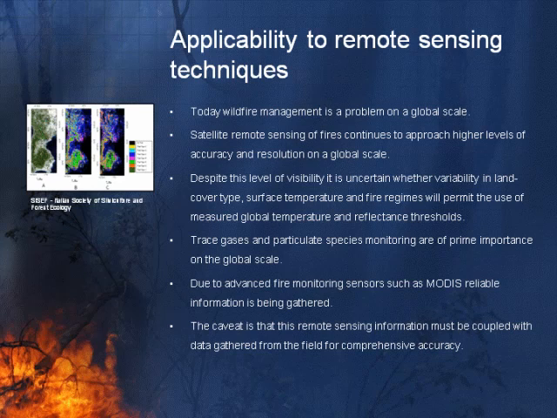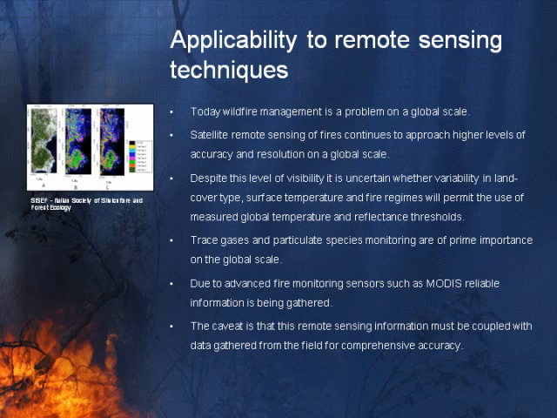Trace gases and particulate species monitoring are of prime importance on a global scale. You can get a spectrographic analysis from something like MODIS of what kind of gases you have. I mean, you can see a fire and its smoke because you can detect the amount of carbon monoxide and carbon dioxide that's in the air around it. And particulate species refers to particles in the air.